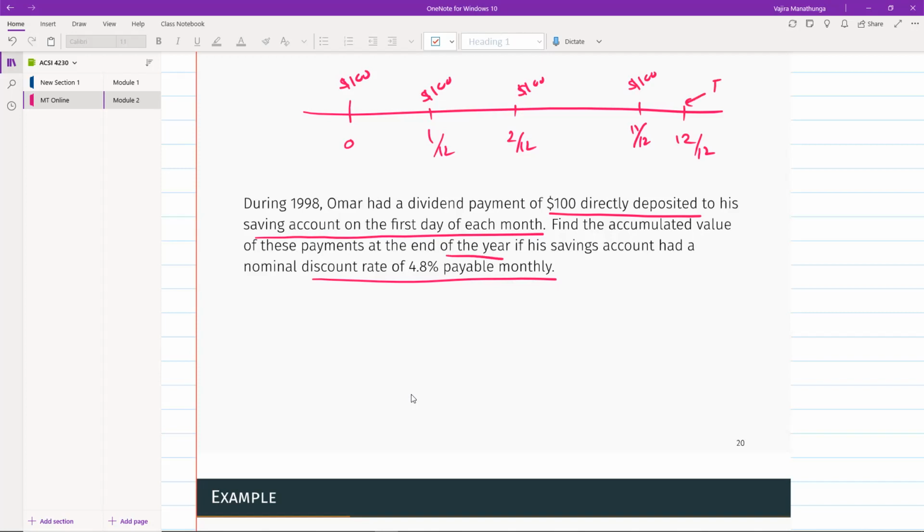So here we want to find the future value. If I write the formula, future value equals present value times (1 plus i) to the 12. In this case, we have to be careful what rate we are talking about. What is i? i is the monthly effective rate.